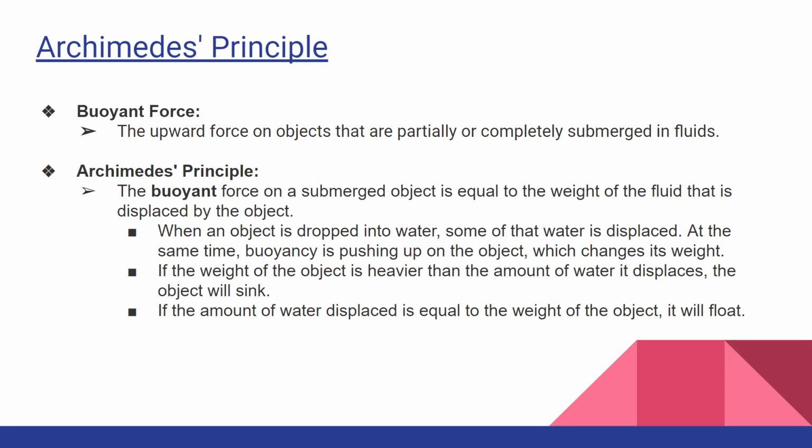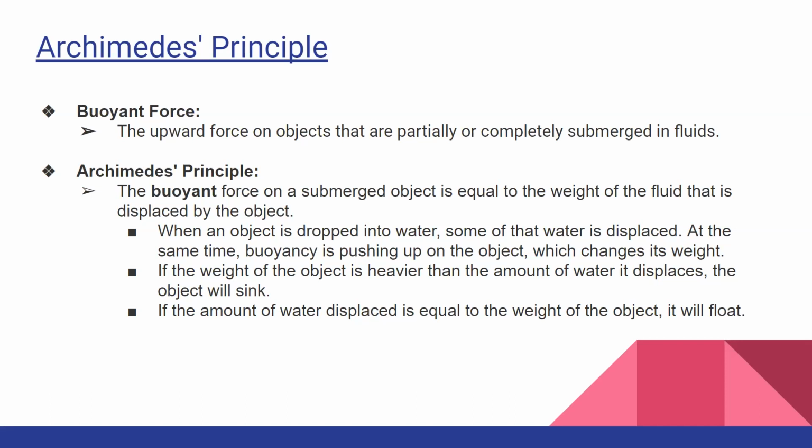When an object is dropped into water, obviously some of the water is displaced, and at the same time, buoyancy is pushing the object up, and that alters its relative weight to the water. If the weight of the object is heavier than the amount of water it displaces, that object will sink because it's too dense.